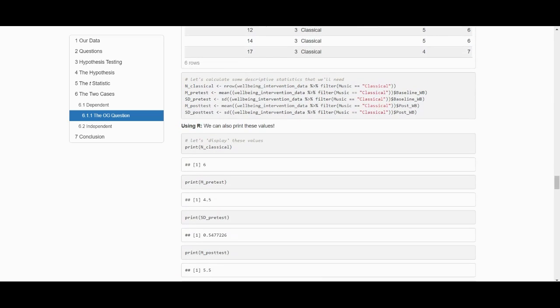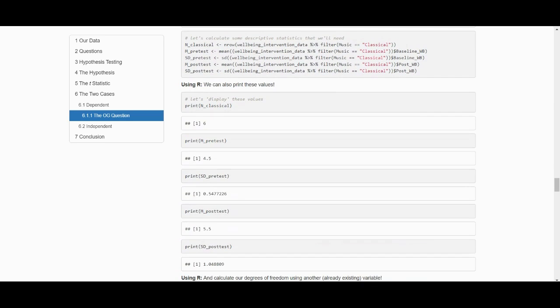We can also print these values. So again, remember that we've assigned these statistics to new variables now. So we have n classical to represent the number of participants in that condition. We also have m pretest and SD pretest. And then finally, we have m and SD post-test to represent the mean and standard deviation of the post-test.